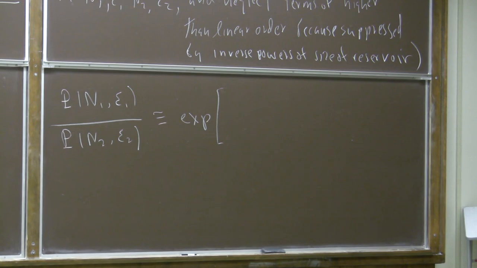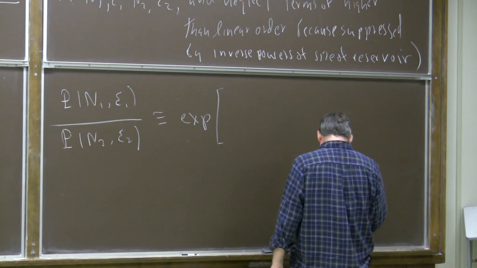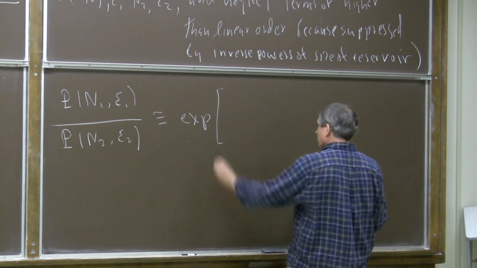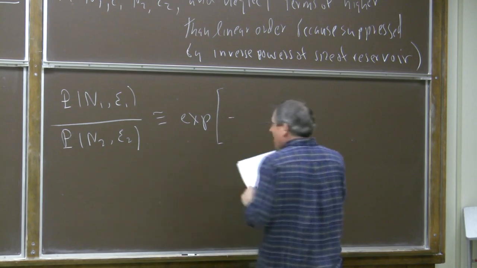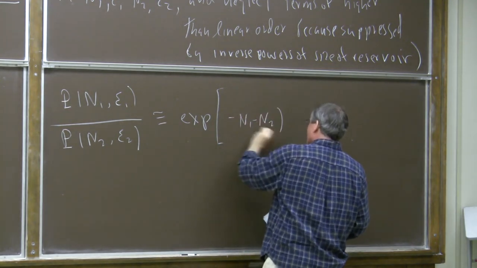When we differentiate entropy with respect to number of particles, that's minus chemical potential divided by temperature, okay? Well, sorry, I guess that's the next step. I have minus N1 minus N2. Let me write the first step first.